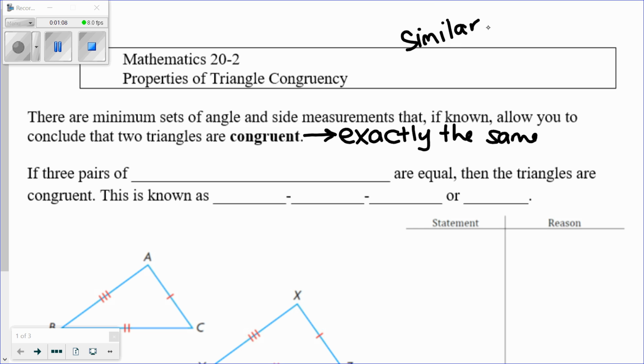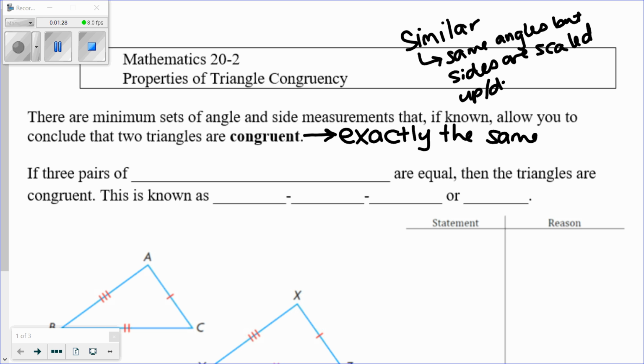Similar triangles means that they're kind of scaled up or down accordingly, so they have the same angles, but the sides are scaled accordingly by the same ratio.